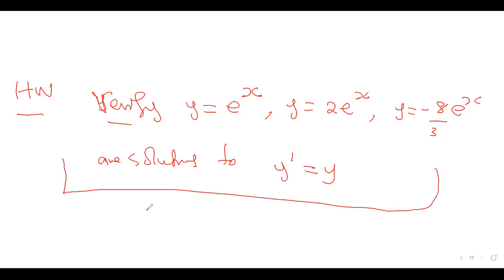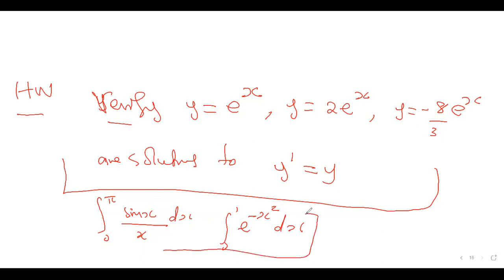So think of if you have the integral from 0 to pi of sine x over x dx, or the integral from 0 to 1 of e power negative x squared dx. Can you solve these problems analytically?